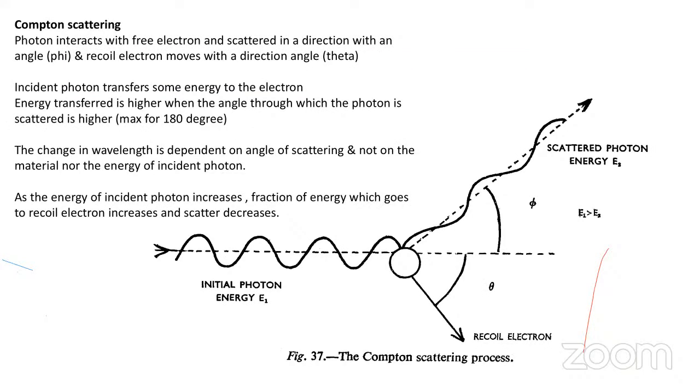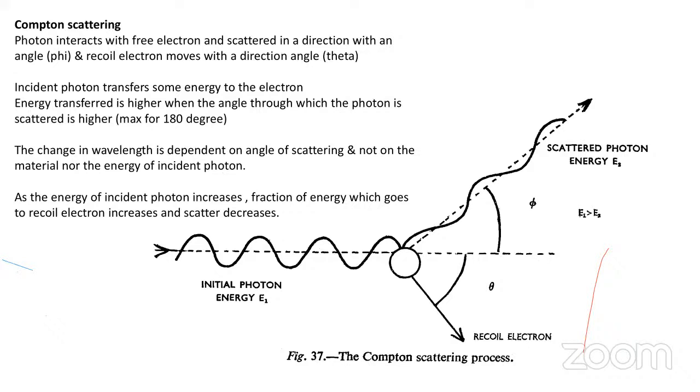Now the Compton scattering is a little more difficult to understand, but this is of maximum importance for those who give radiation. When we say give radiation, that means we are interested in the absorbed dose. And I will talk about later why this Compton effect is more important in clinical radiotherapy as compared to the photoelectric effect.